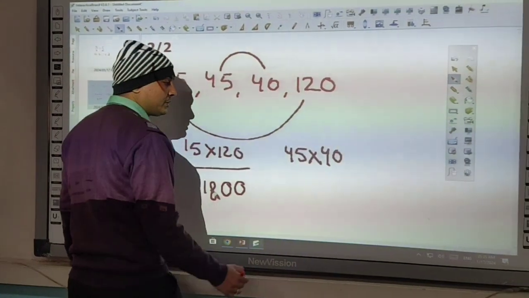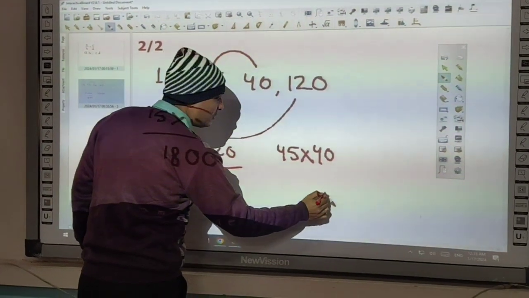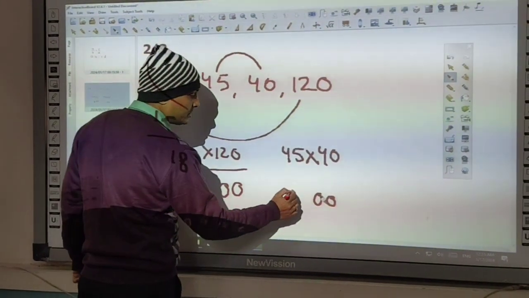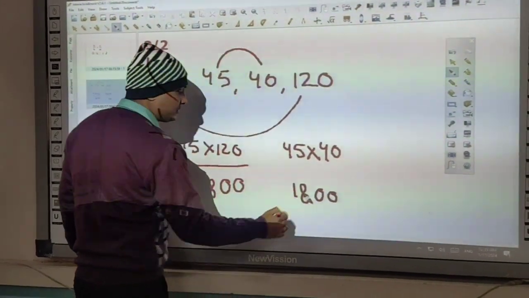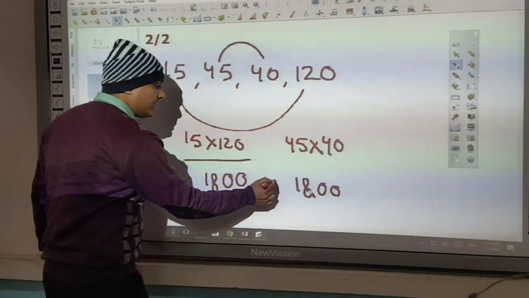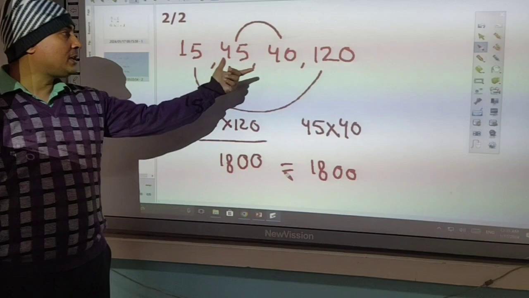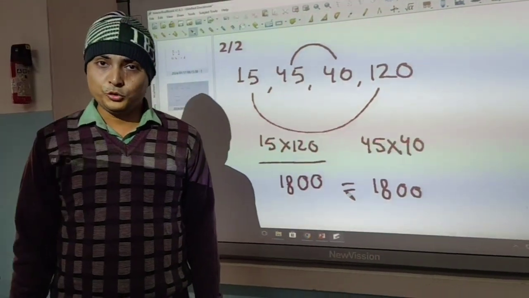And there the product, see, is also 1800. So what are we getting? Both sides are equal. So now we can say these numbers are in proportion.